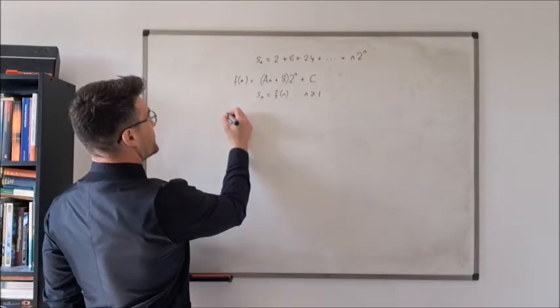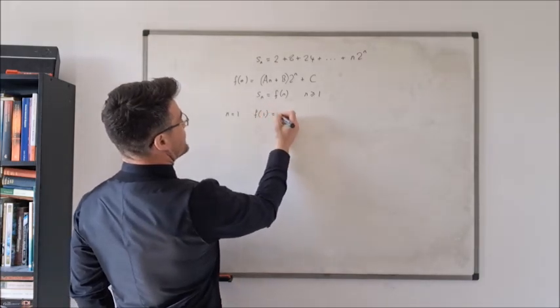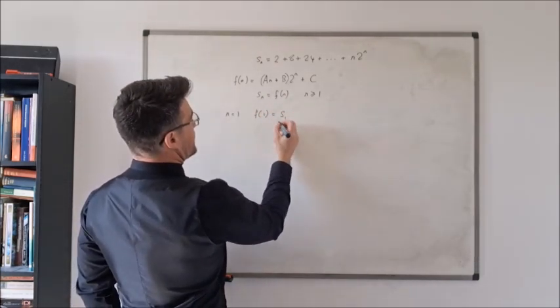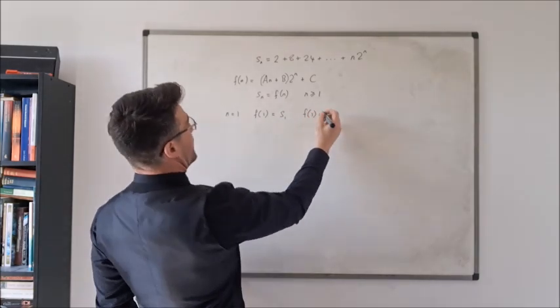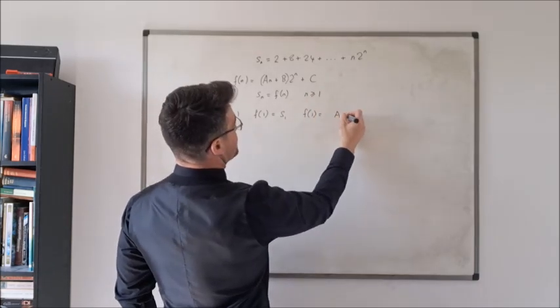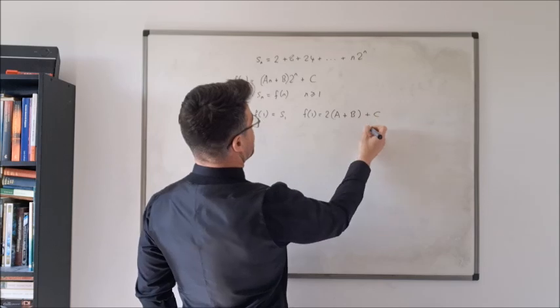So when n equals 1, we get that F(1) is equal to S_1, but F_1 is equal to a times 1, so it's a + b·2 + c.